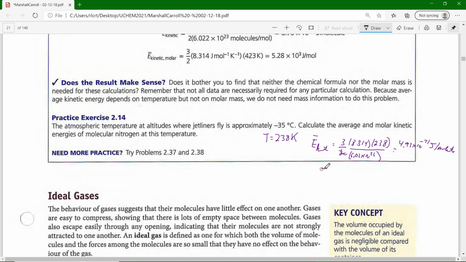And for a mole, the average molar kinetic energy, I'd multiply by 6.02 times 10 to the 23, giving 2.97 times 10 to the 3 joules per mole.